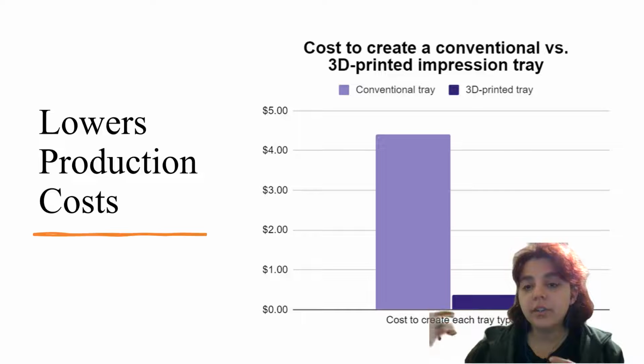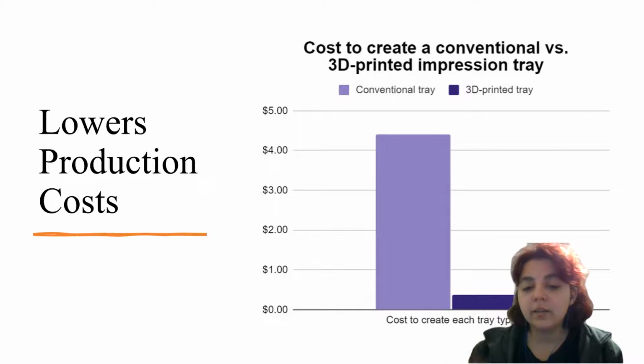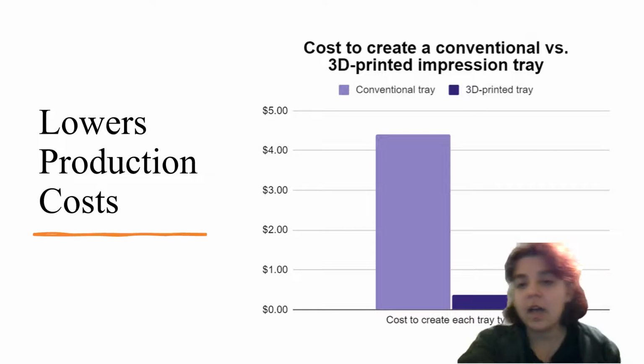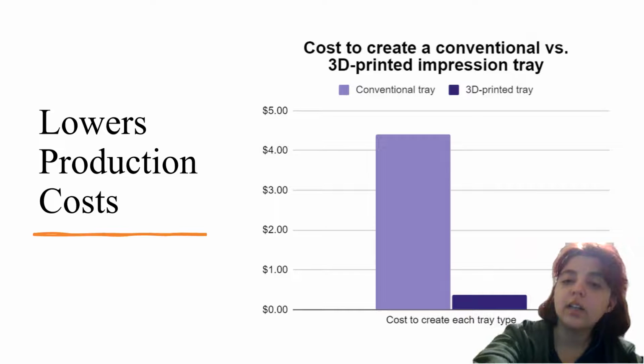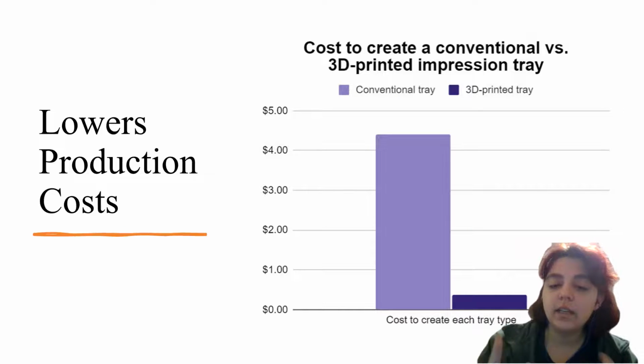And in order to get rid of that waste, you have to recycle, which means that you now have recycling costs. So this is another expense that subtractive methods have that 3D printing does not. As we can see on the graph here, conventional methods have much higher production costs than 3D printing methods to create the same sample.